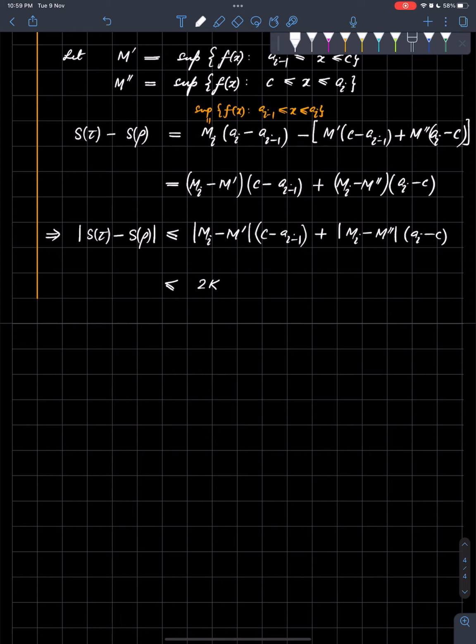This is 2k(c minus ai minus 1) plus 2k(ai minus c), which is equal to 2k(ai minus ai minus 1), which is at most 2k norm of tau, because norm of tau is the maximum of all these quantities as i varies from 1 to n. So of course this is going to be at most the maximum, and therefore we have that, and this proves our lemma.